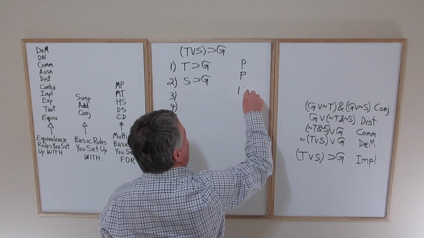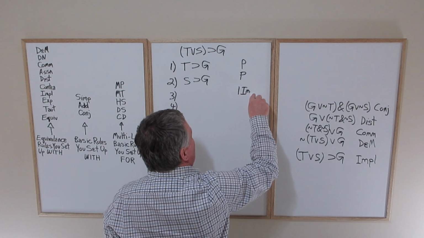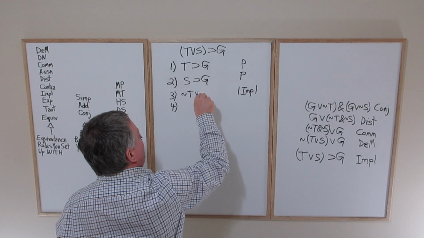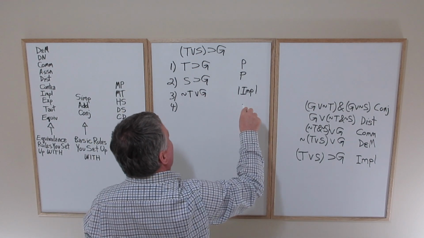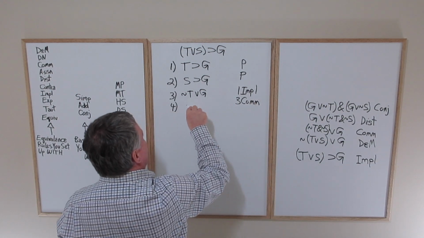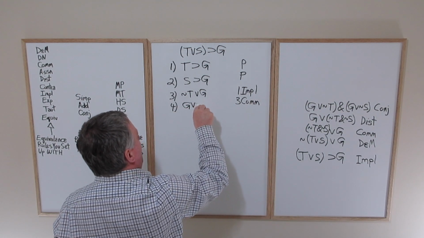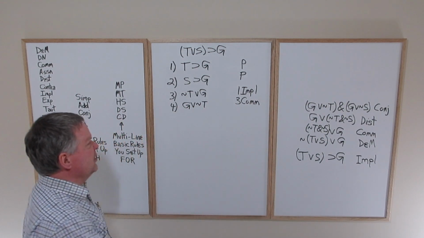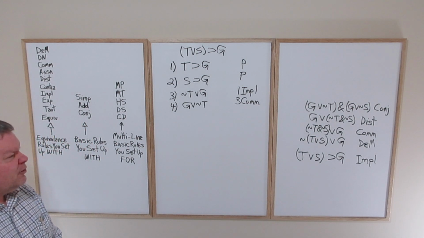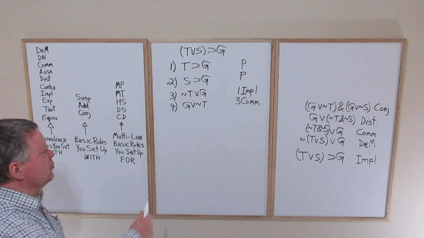The first thing we do is one implication to give us tilde T or G, then three commutation to give us G or tilde T. So that gives us the left conjunct in the conjunction we're after.